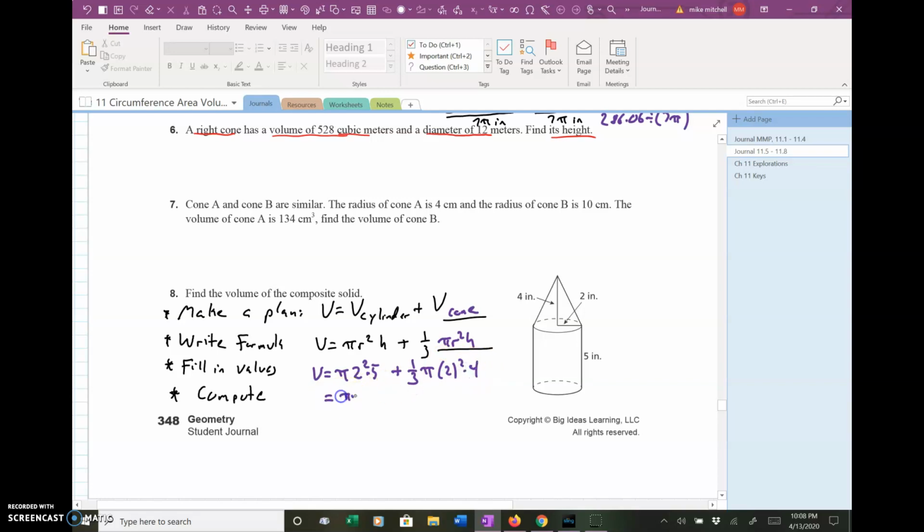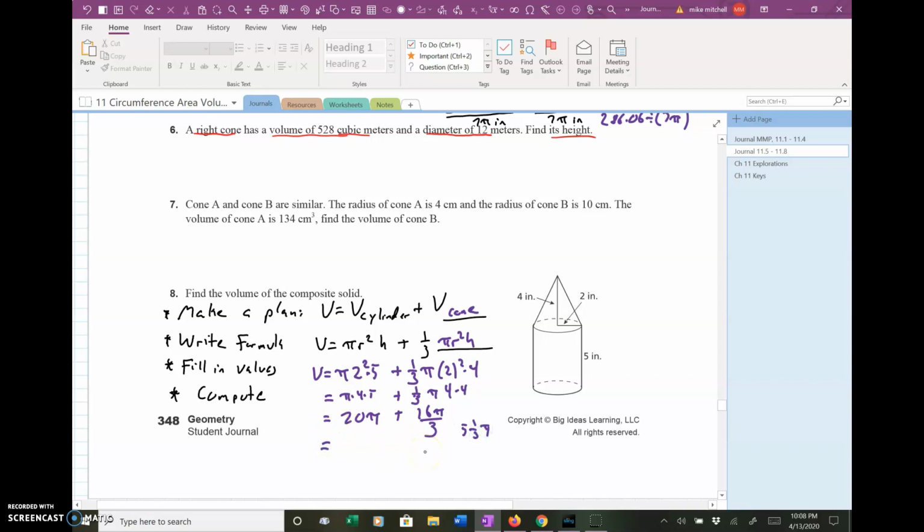That's going to be pi times 4 times 5 for 20 pi. Over here we're going to get plus 1/3 pi times 4 times 4, so that's going to be 16 pi over 3, which is also 5 and 1/3 pi.